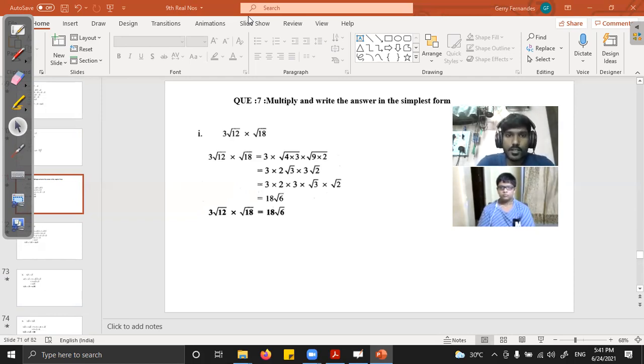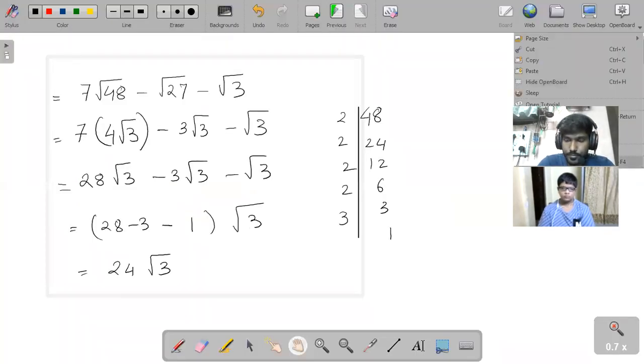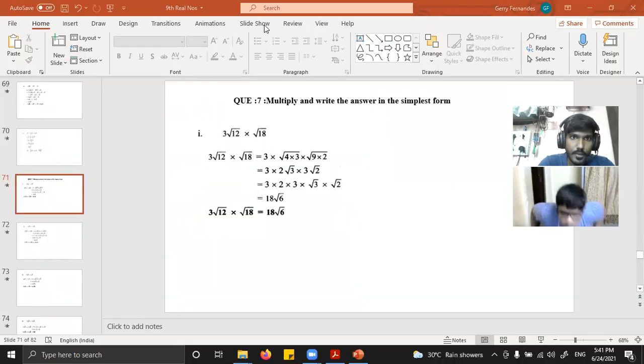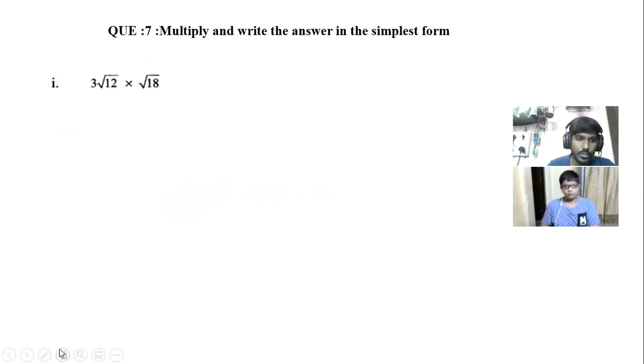Okay, so next is multiplication. We have to multiply the two surds and write it in the simplest form. So the first one is 3 root 12 and root of 18.